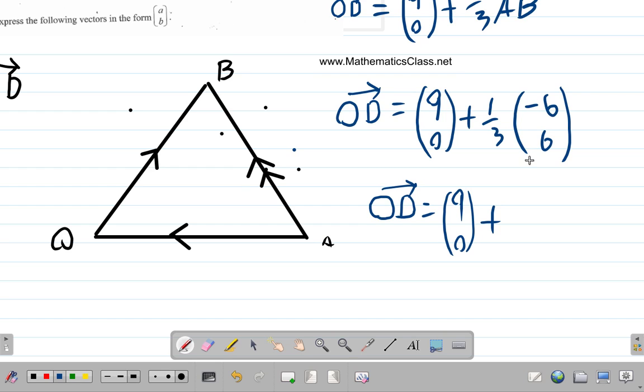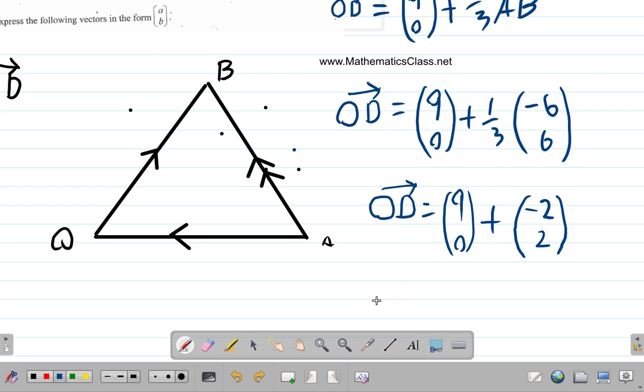We will find 1/3 of -6. What is 1/3 of -6? It's -2. So this is -2, and 1/3 of 6 is 2. Remember, the 1/3 must multiply this number as well as this number. Alright?